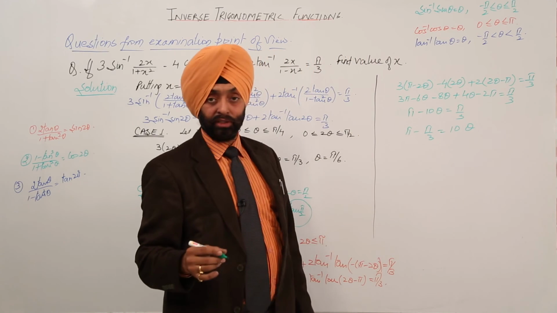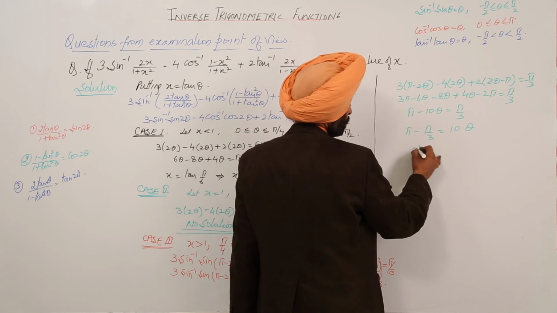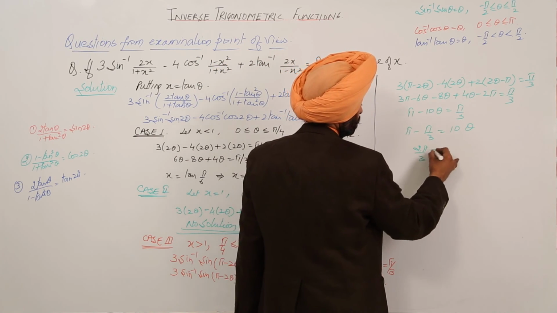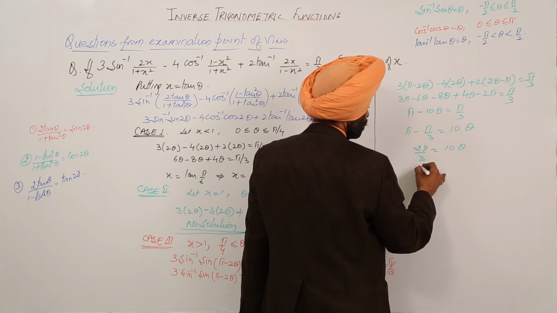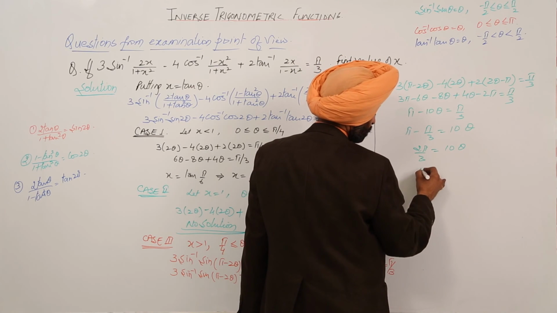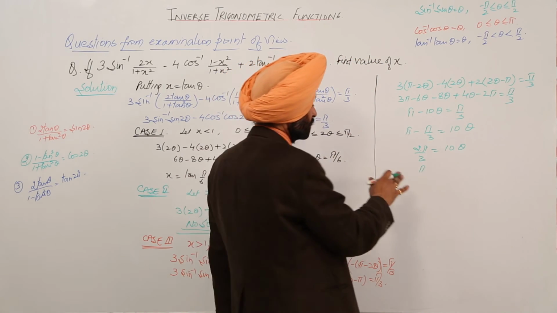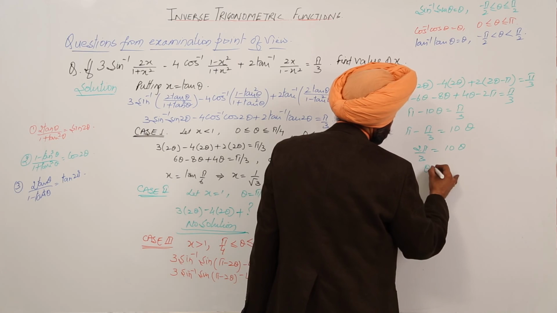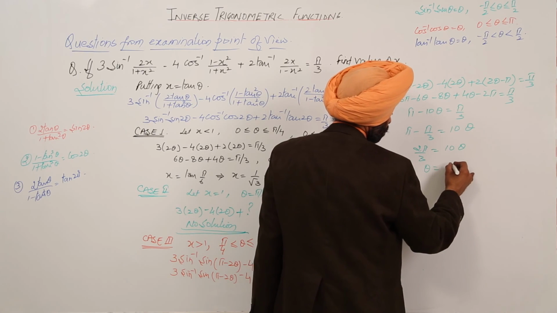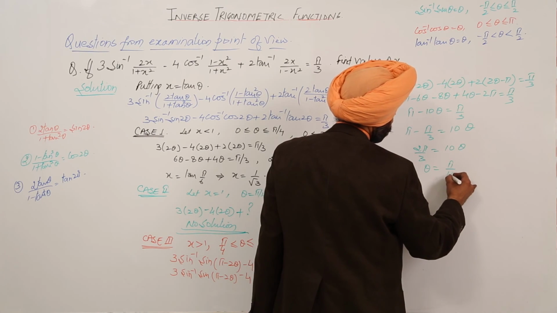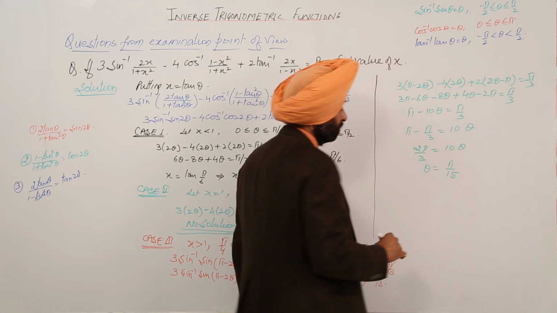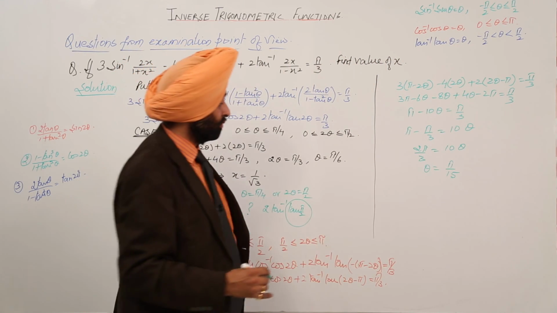Pi minus pi by 3 is 2 pi by 3. So 2 pi by 3 is equal to 10 theta, or theta is equal to pi upon 15. Here theta is pi upon 15.